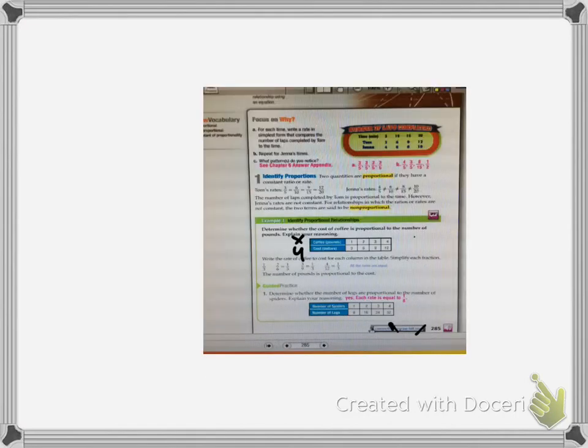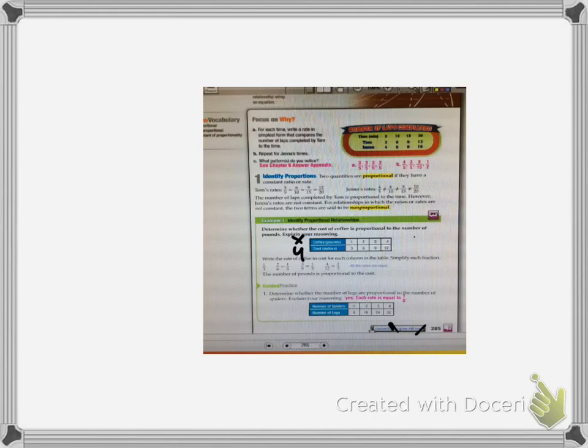Okay, this is page 285. There you can see where we've listed the proportional and non-proportional, but look at example 1, where the coffee in pounds versus cost in dollars.